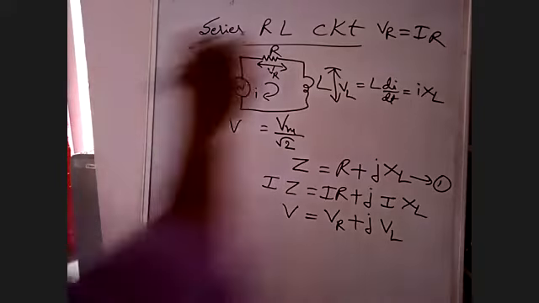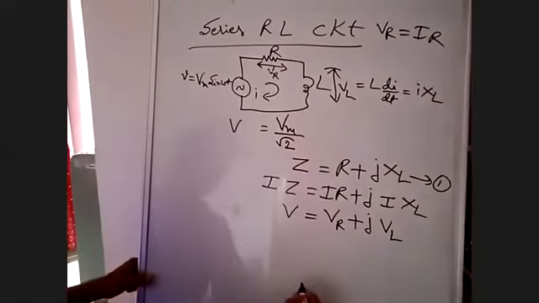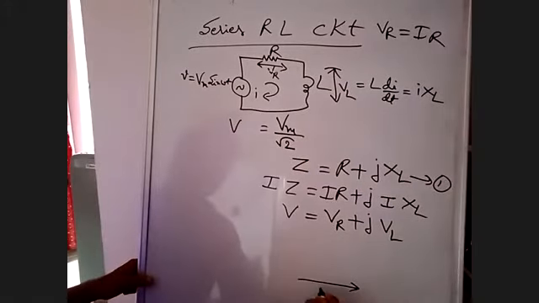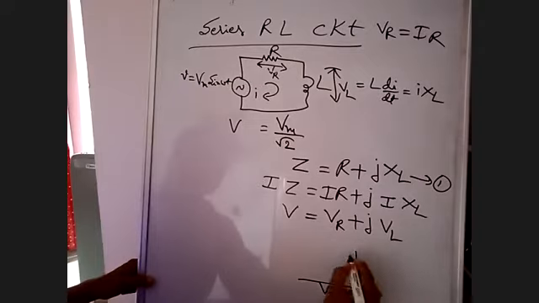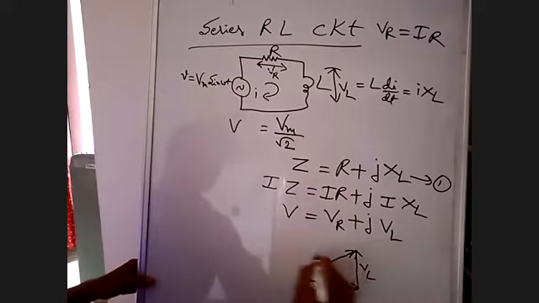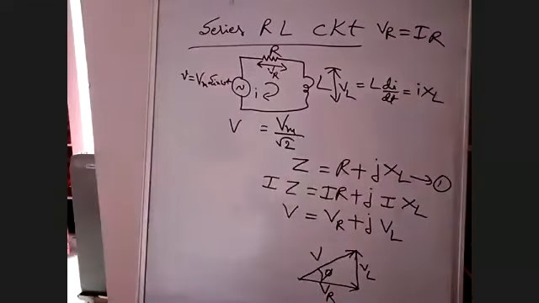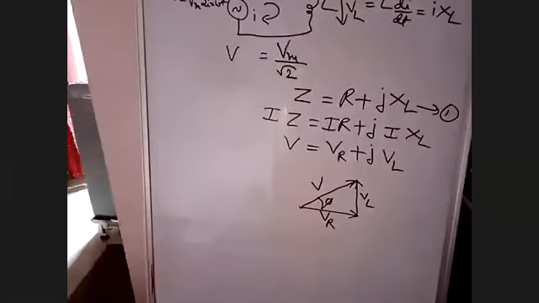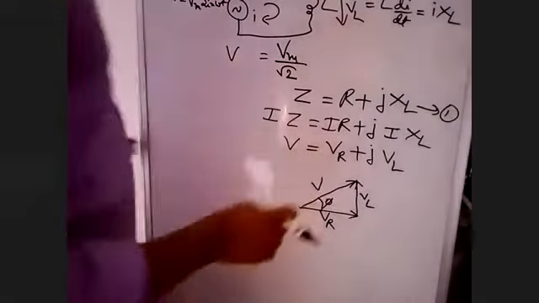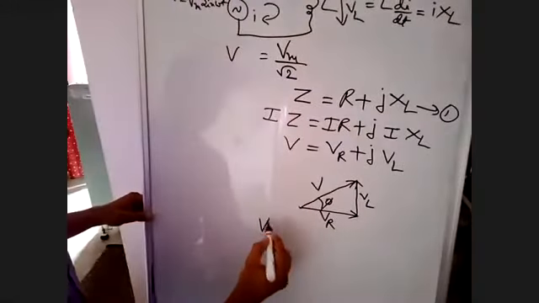Now I will draw the phasor diagram, a right angle triangle. This is VR. This is VL. Therefore, the total voltage is the resultant.